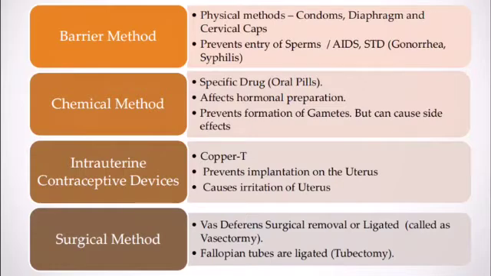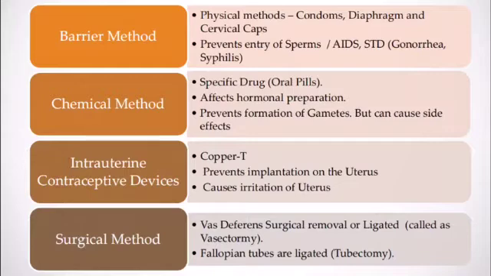Gonorrhea is caused by the bacterium Neisseria gonorrhoeae. The victim feels a burning sensation and pain during urination, and inflammation of the mucous membrane of the urinogenital tract, rectum, throat, and eye. Syphilis is caused by the spirochaete bacterium Treponema pallidum.